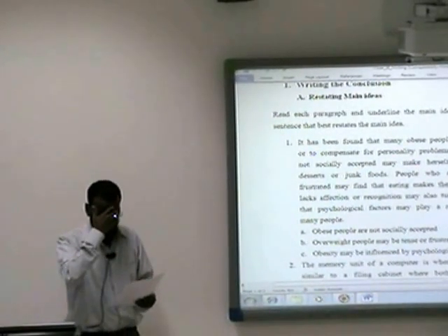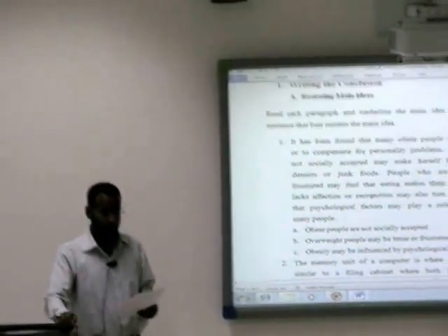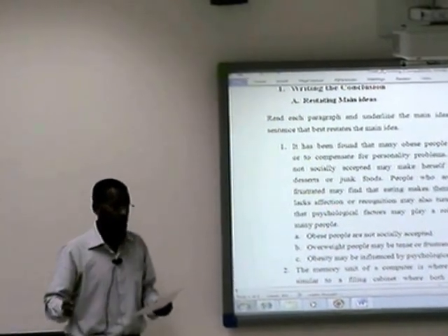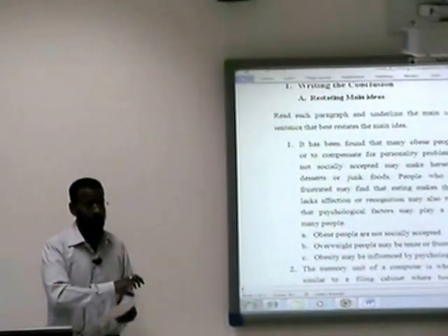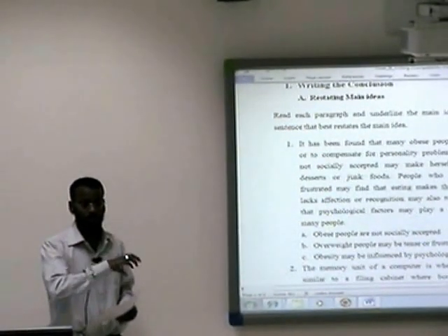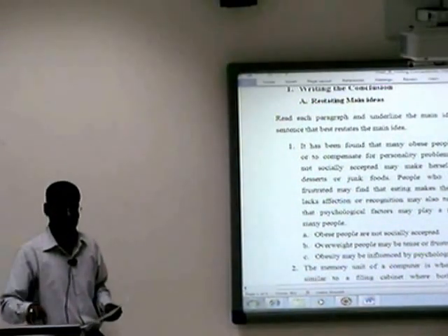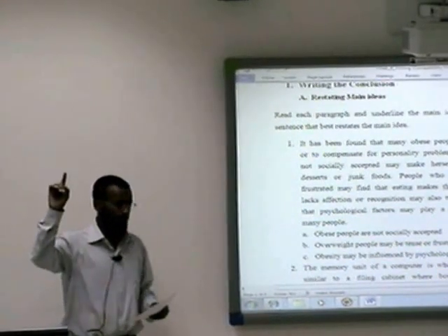So take a look at the first example. Read each paragraph and underline the main idea sentence. Imagine that this paragraph is part of the body in the essay. So in an essay where you have the introduction and 3 paragraphs, this is just one of them. This paragraph has one main idea.